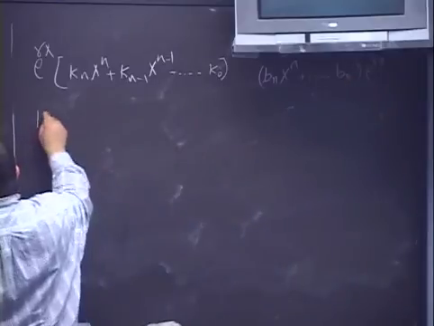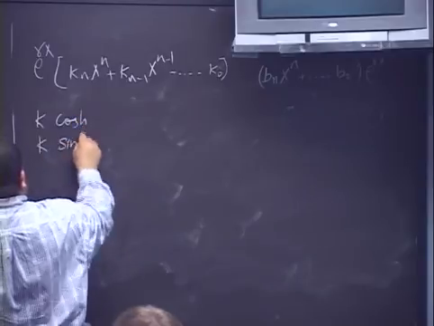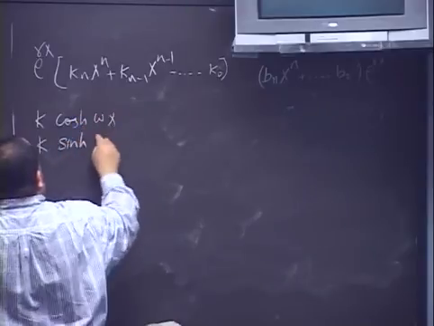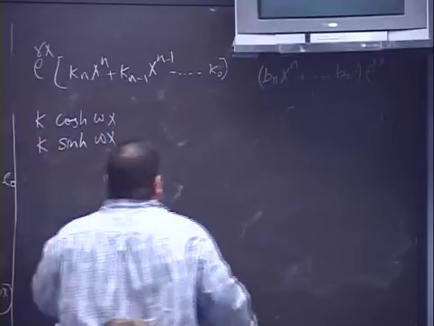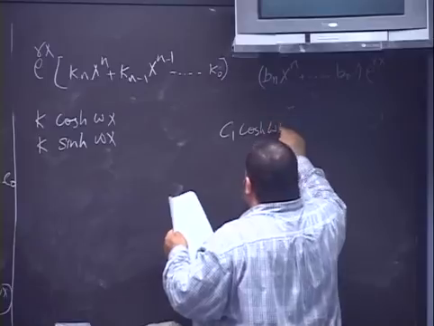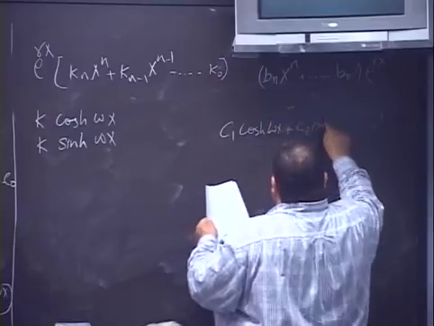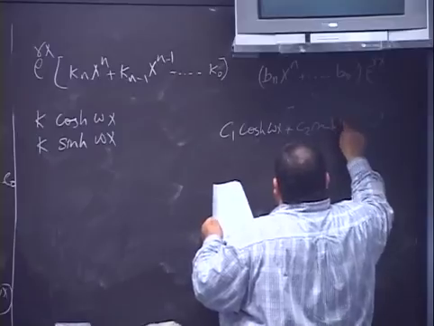For the cosh and sinh omega x, you will look again for C1 cosh omega x plus C2 sinh omega x.